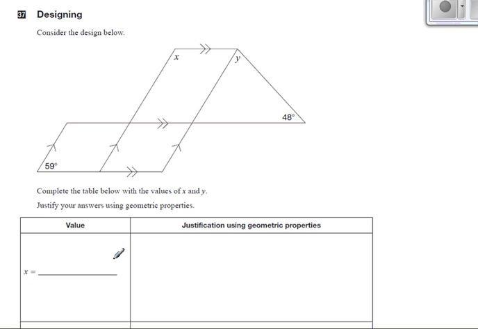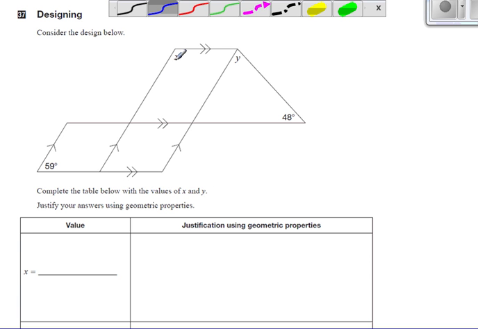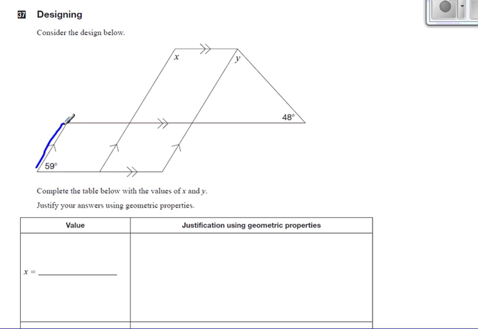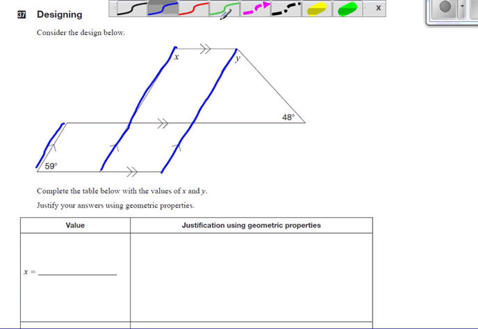So the final question is a geometry question. It says, consider the diagram. Complete the table below with the values of x and y. Justify your answers. Okay, so here's x. Let's see. I've got a whole bunch of parallel lines. Parallel, parallel, and parallel. And then I've got parallel lines running the other way.